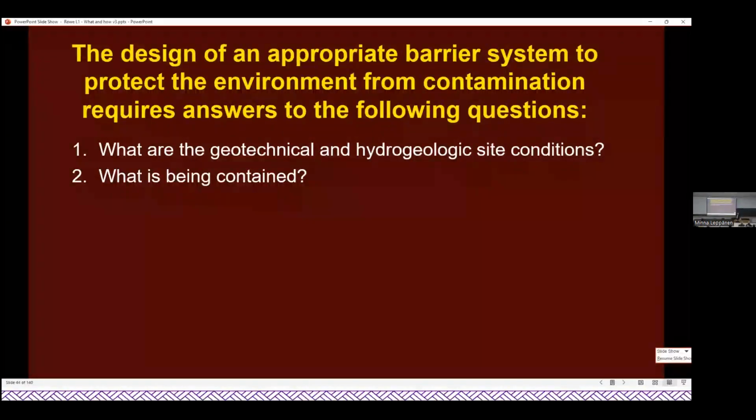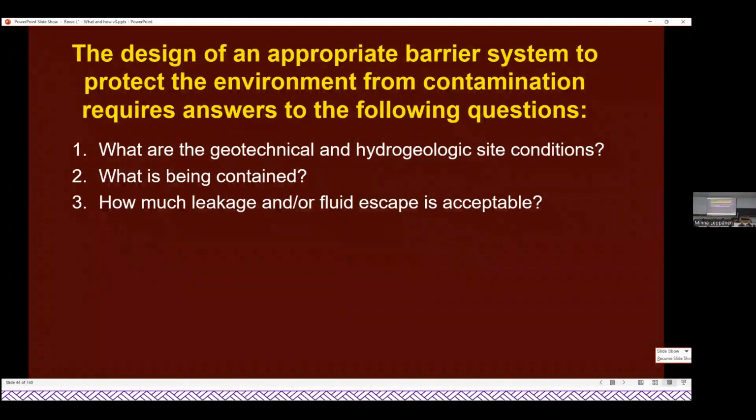What is being contained is an important consideration in deciding what is the barrier system. How much leakage or fluid escape is acceptable? If it's fresh water, the amount you can allow to leak could be 100,000 litres per hectare per day. If it's a highly contaminated water, it could be less than a litre per day.